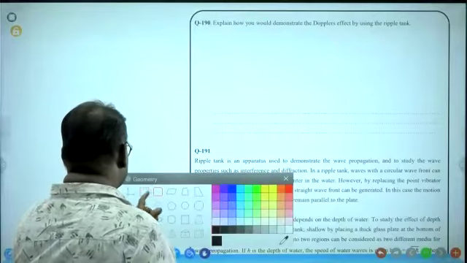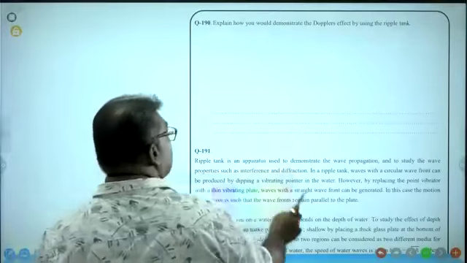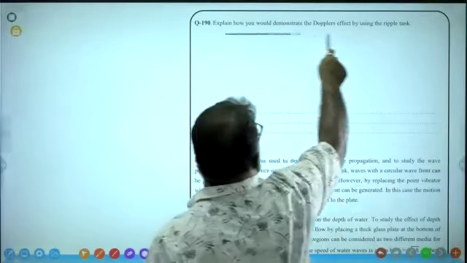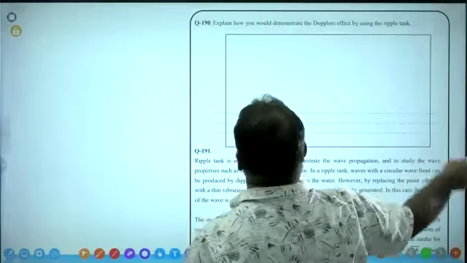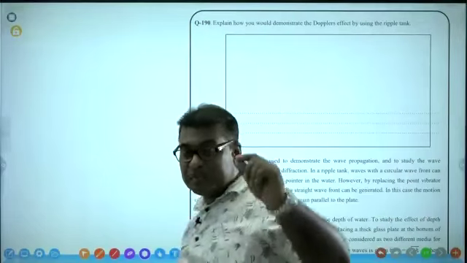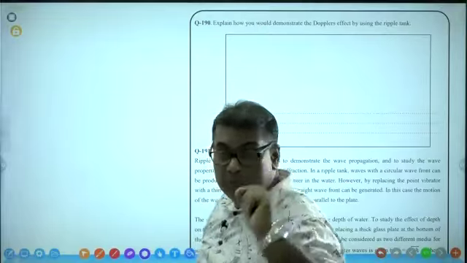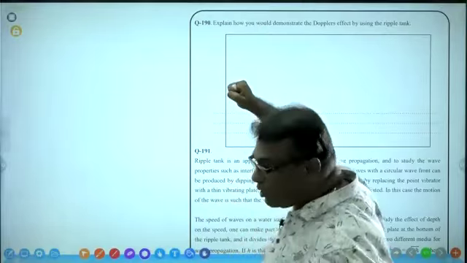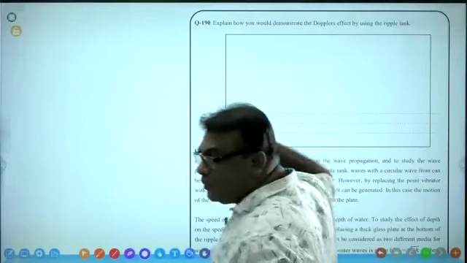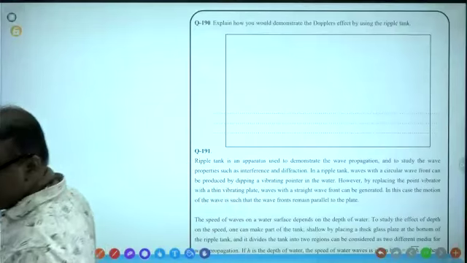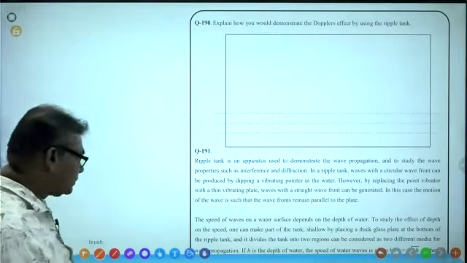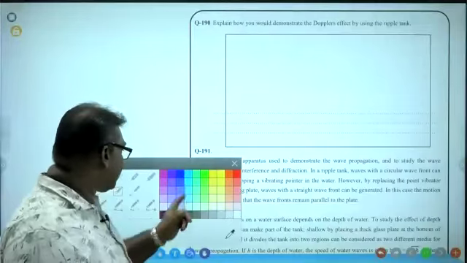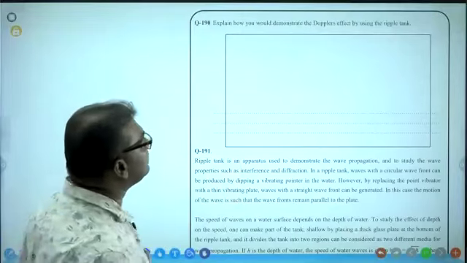To demonstrate the Doppler's effect, we need a moving source, no? It's better to use a vibrating small motor placed on the water surface, traveling from one end to the other end, right? Then wave fronts will be arranged like this.